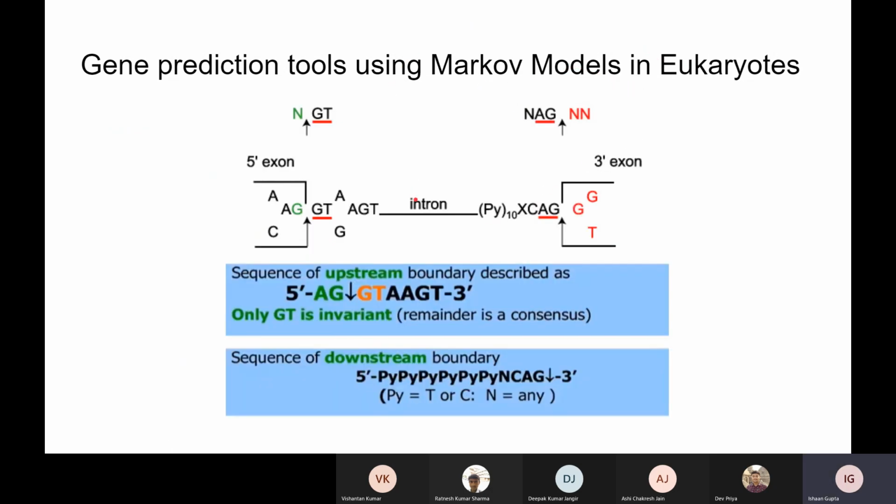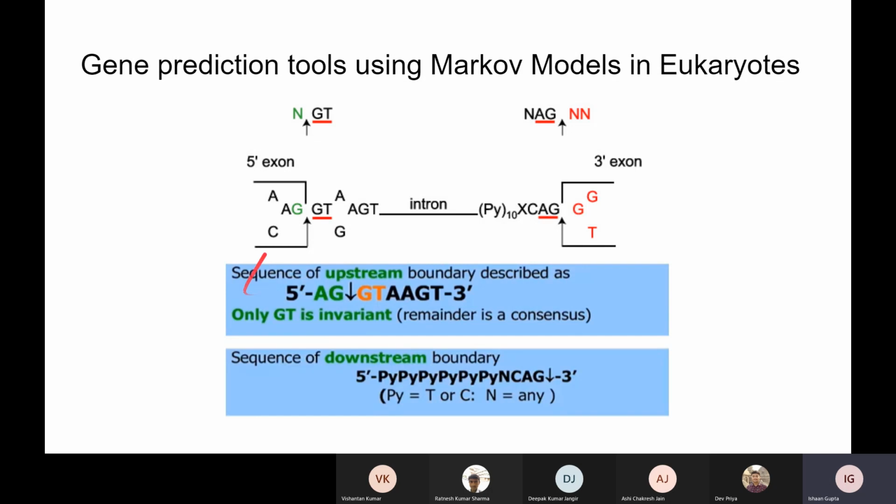The gene prediction tools for eukaryotes are slightly more complicated because you have to figure out these intron-exon boundaries. This is how an intron-exon boundary looks like. When I say typical, these are often called canonical in terms of sequence language.